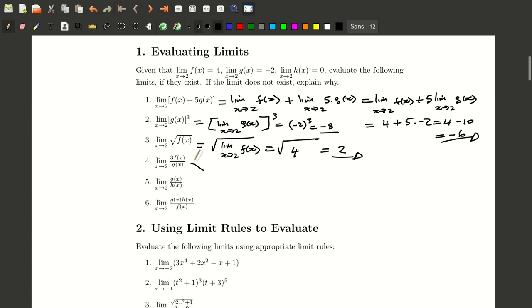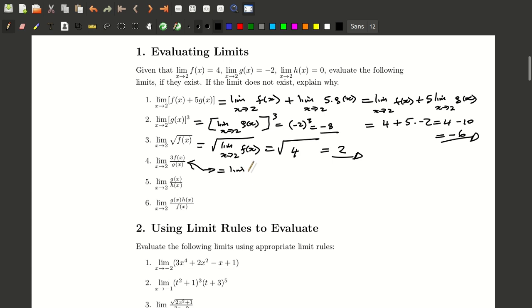If you look into this one here, whenever you have a fraction, take note that the limit of the denominator is not 0, so it's a number. So I can take the limit of the numerator and the limit of the denominator.